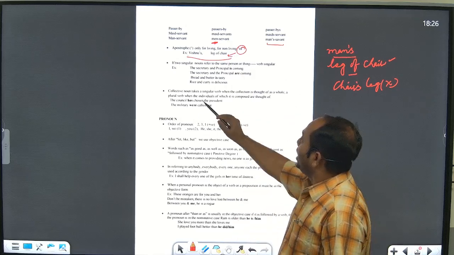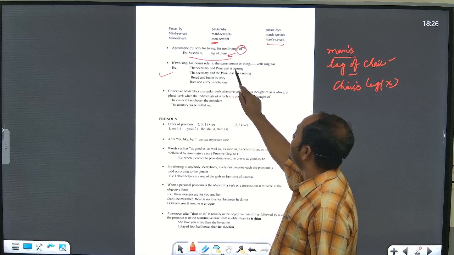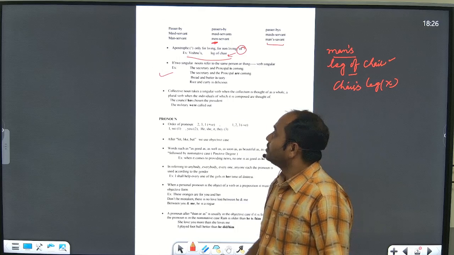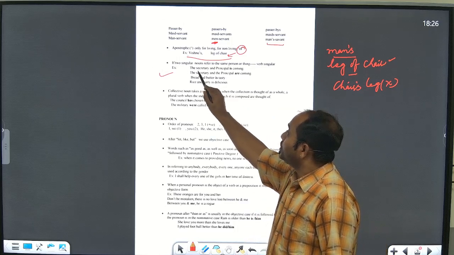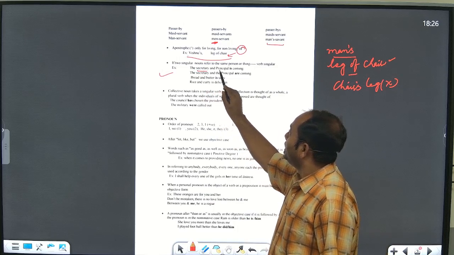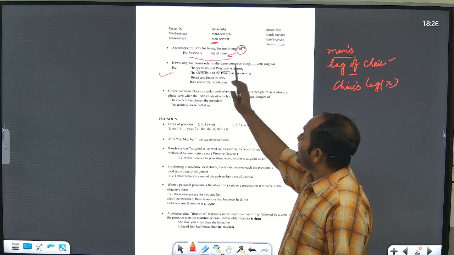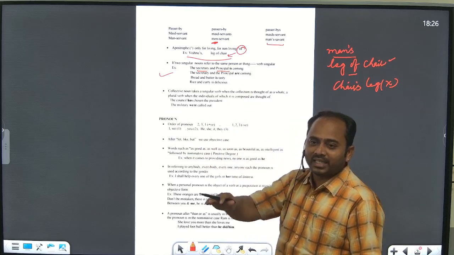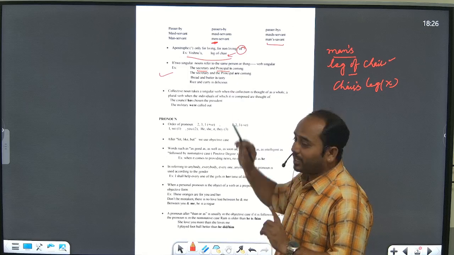Next, if two singular nouns refer to the same person or thing, this is also one of the important points. Here, secretary, principal, two singular nouns only, represent the same person or same thing. Secretary is a position, principal is also a position.